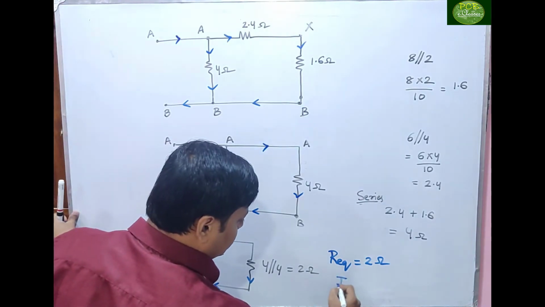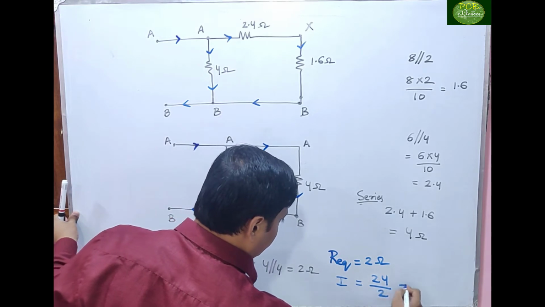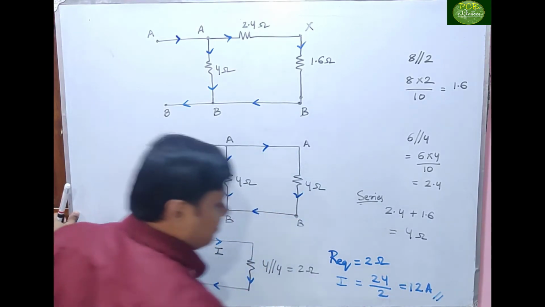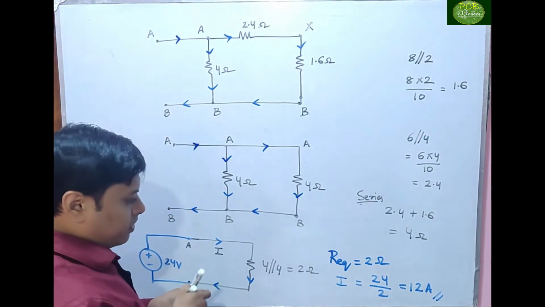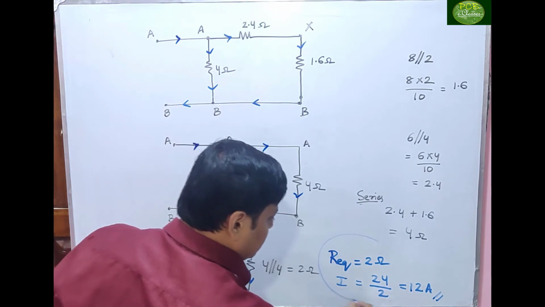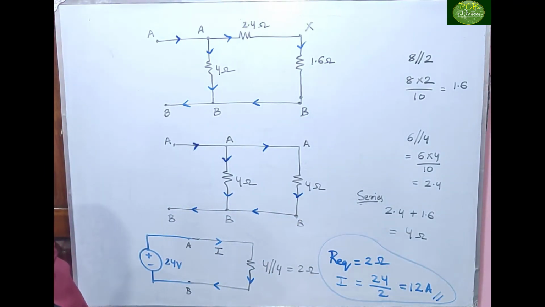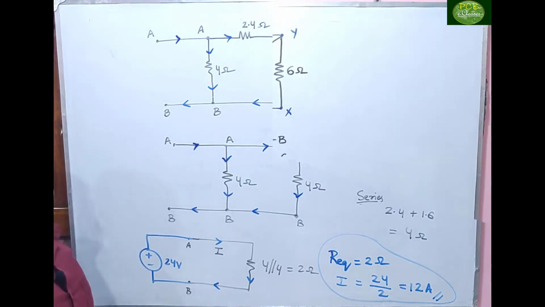I equals 24 divided by 2, that is 12 ampere. So 12 ampere is my answer. Fine. R equivalent we have got, as well as the total current flowing in the circuit. You can make a note of it.